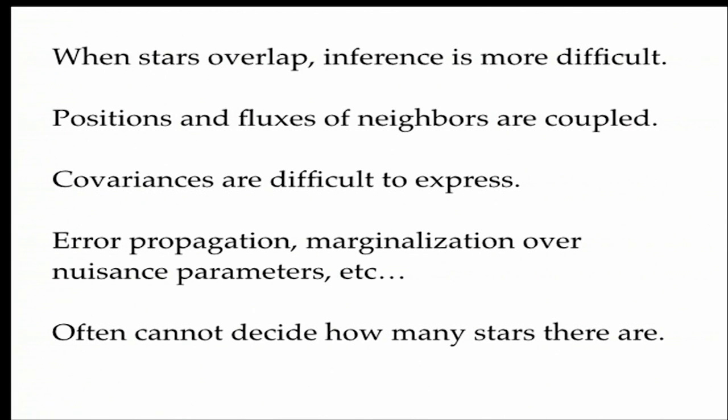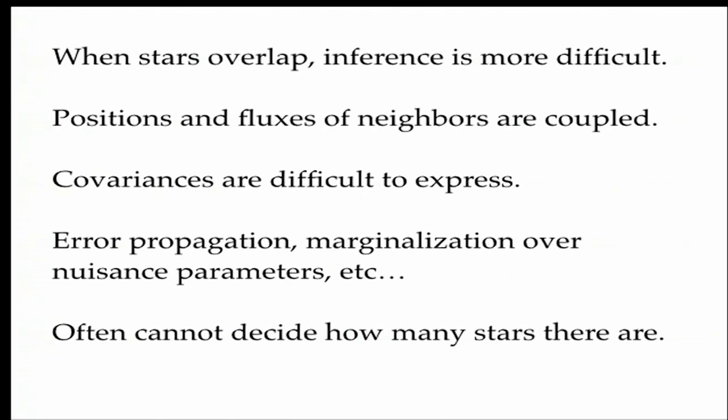So how do you express these covariances that may depend on the 10 nearest neighbors? There's not a good compact way to do that, the way astronomers conventionally do things. And then never mind the propagation of these uncertainties and marginalization over nuisance parameters.